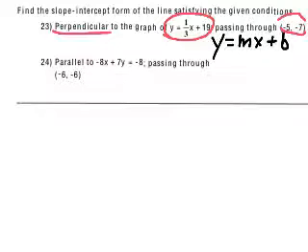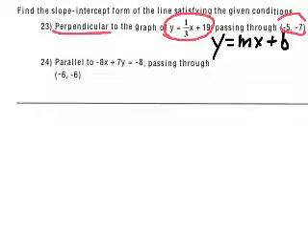Remember that the perpendicular slope is basically the inverse opposite. The reciprocal of 1/3 is 3, so 1 over 3, 3 over 1. And it's got to be the opposite sign, so it's got to be a negative.